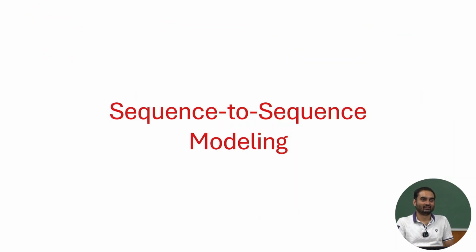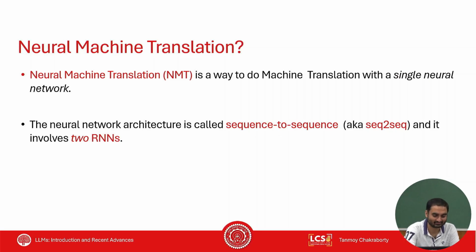Okay, let's get started. So, sequence to sequence models. We are discussing those things which were proposed in 2015, 2016, right? So in sequence to sequence model, what is a sequence to sequence problem? A sequence to sequence problem is you are given a sequence and the output would also be a sequence, right? Let's say machine translation.